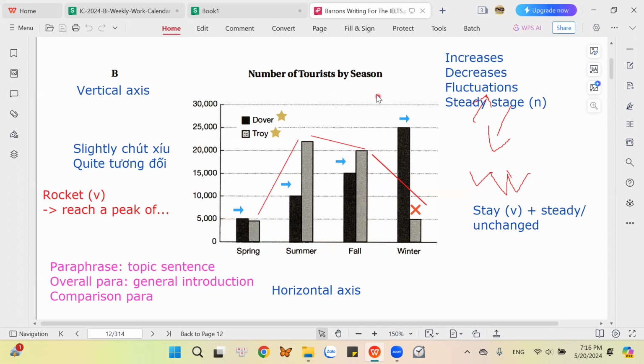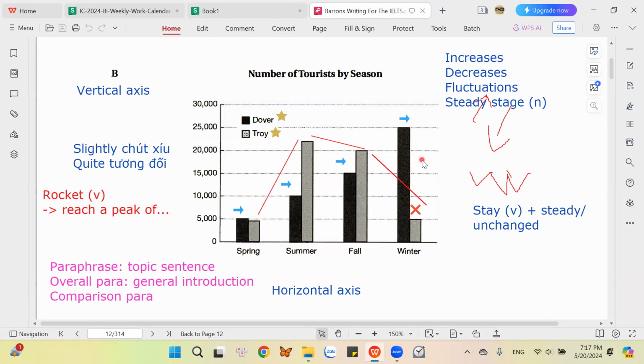Here I can say that looking at the graph, overall, the number of tourists by season has remarkable increases in Dover.